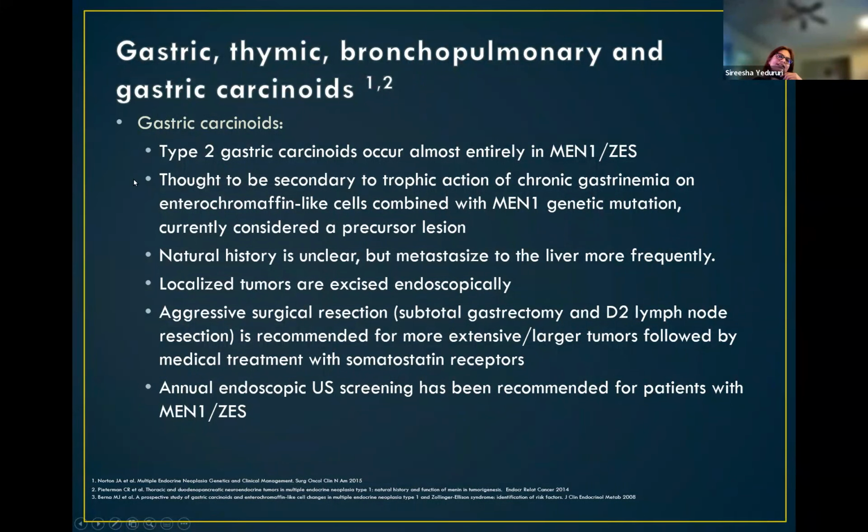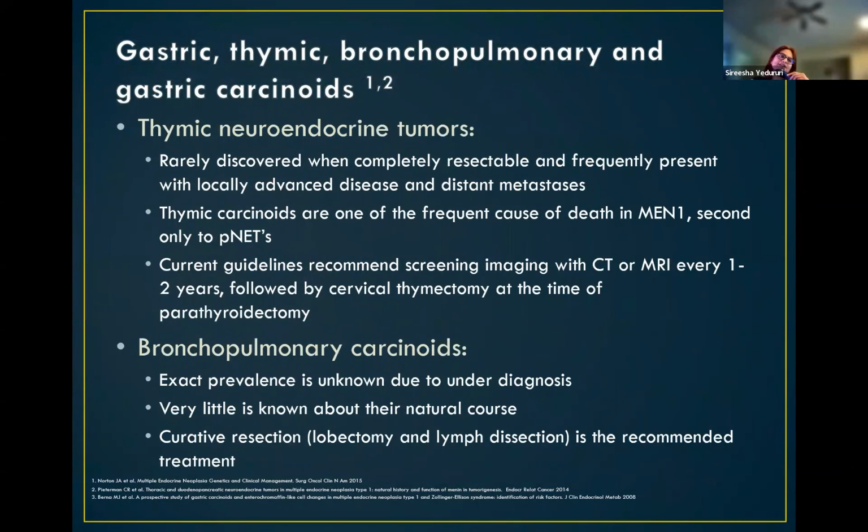The natural history is unclear, but again, metastases to the liver are known to occur. Local tumors are excised endoscopically. Aggressive surgical resection, which is subtotal gastrectomy and D2 lymph node resection, is recommended for more extensive or larger tumors, followed by medical treatment. Annual endoscopic ultrasound screening has been recommended for patients with Zollinger-Ellison syndrome.